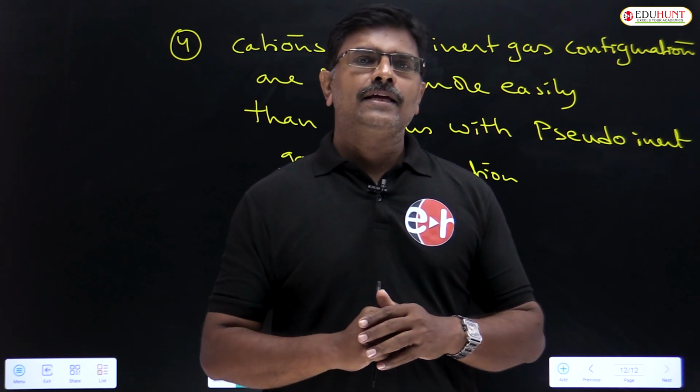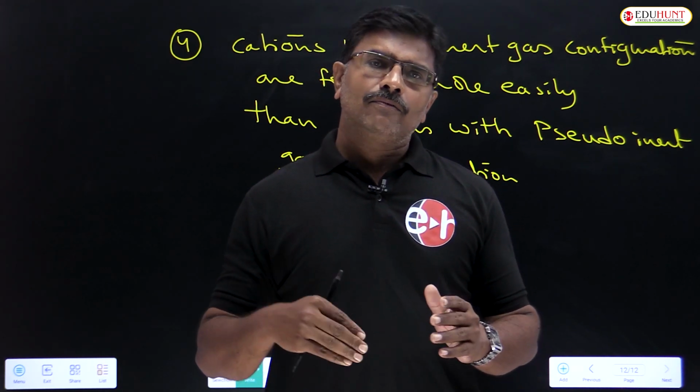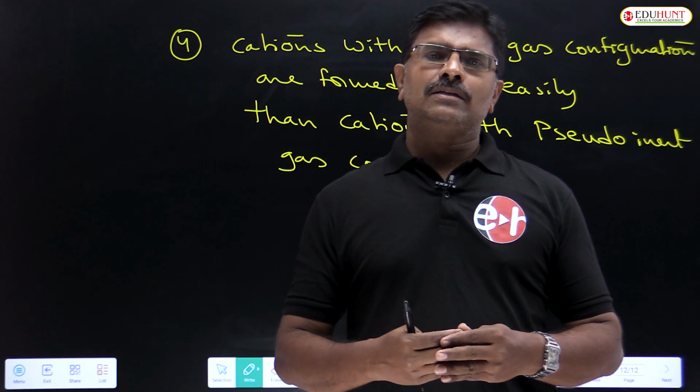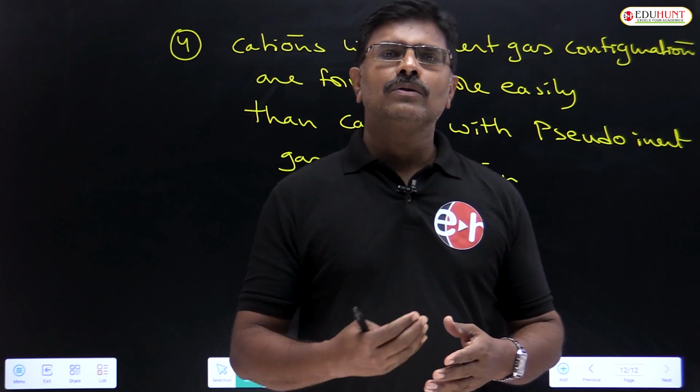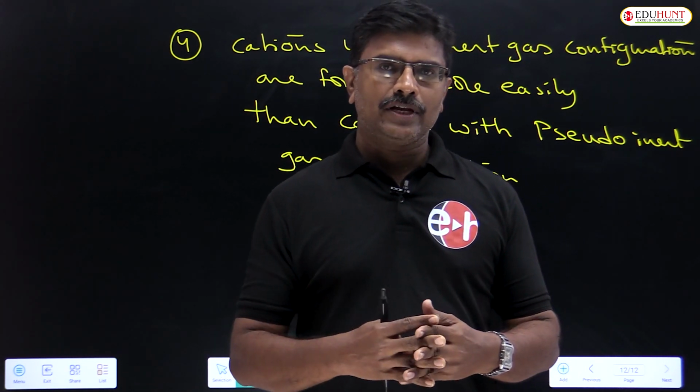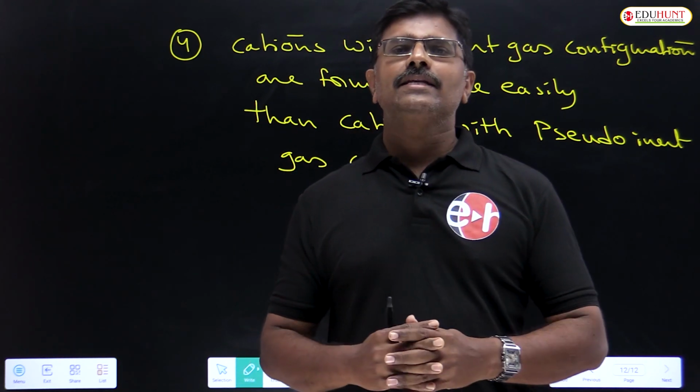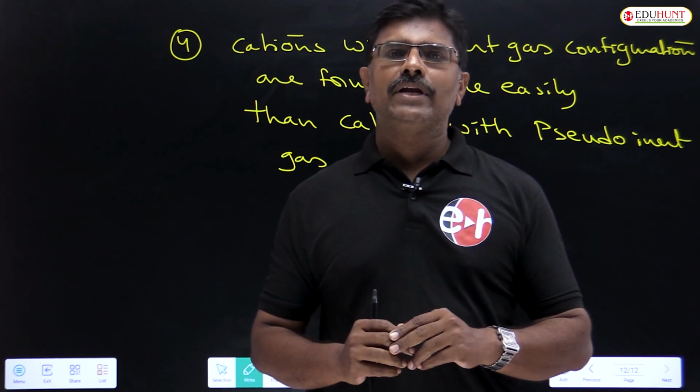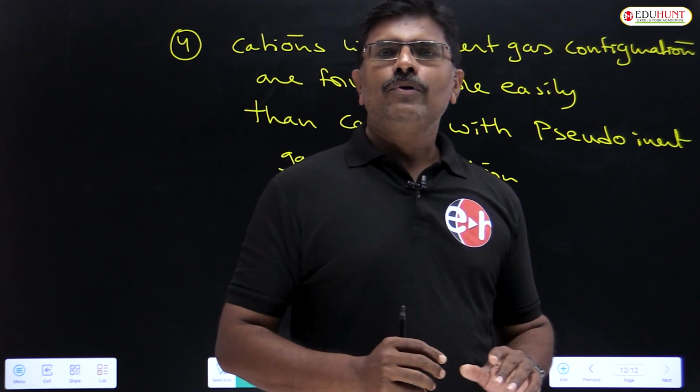To understand this, we need an idea of what an inert gas configuration is. This is clear, you already know the octet rule. But you need to have an idea of what a pseudo inert gas configuration is. I'll give you one example.